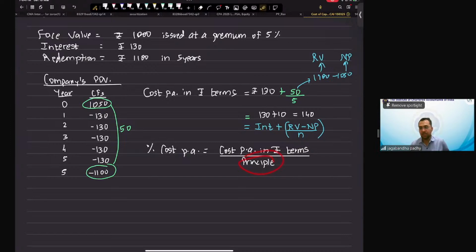What should be the amount of principal? Should I take the amount of principal as 1050, or should I take the principal as 1100, or should I take something else?